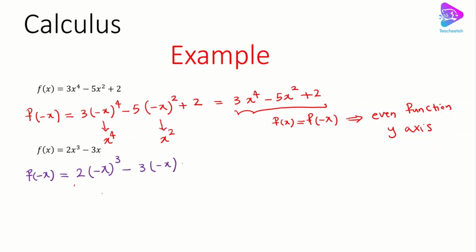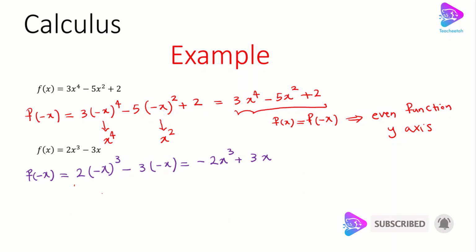Minus x to the power of 3 is basically minus x to the power of 3, so it's going to be minus 2x cubed, and here the negative sign will be multiplied, resulting in a positive 3x.